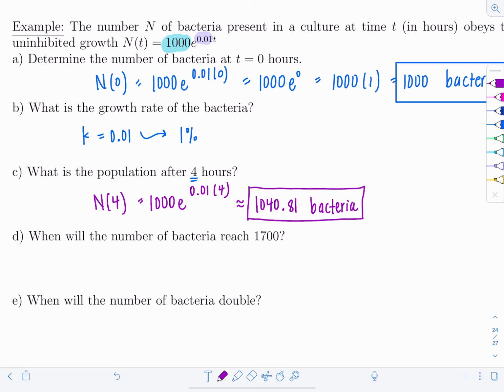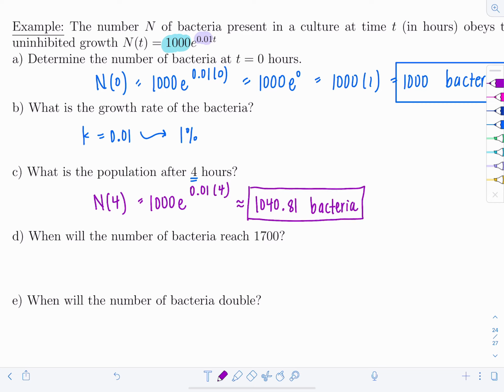Now they're asking when will the number of bacteria reach 1,700? So this time they want to know when N of t is equal to 1,700. So I'm actually going to set the equation equal to 1,700. So that equals 1,000 e to the 0.01 t, and I'm going to solve for t.